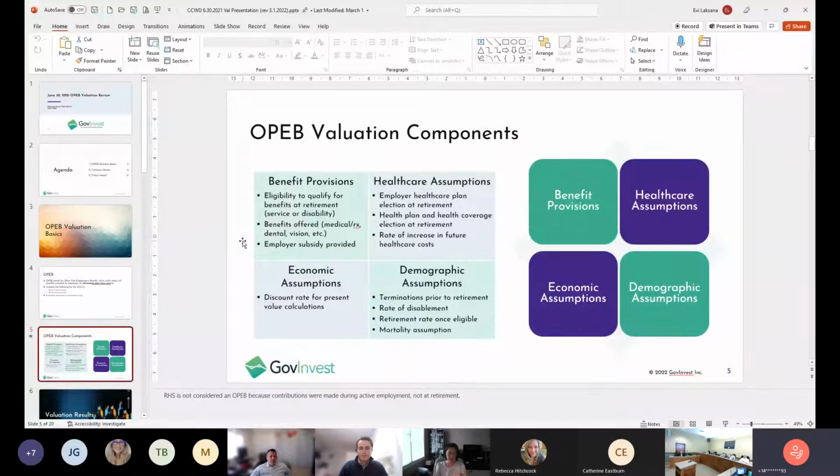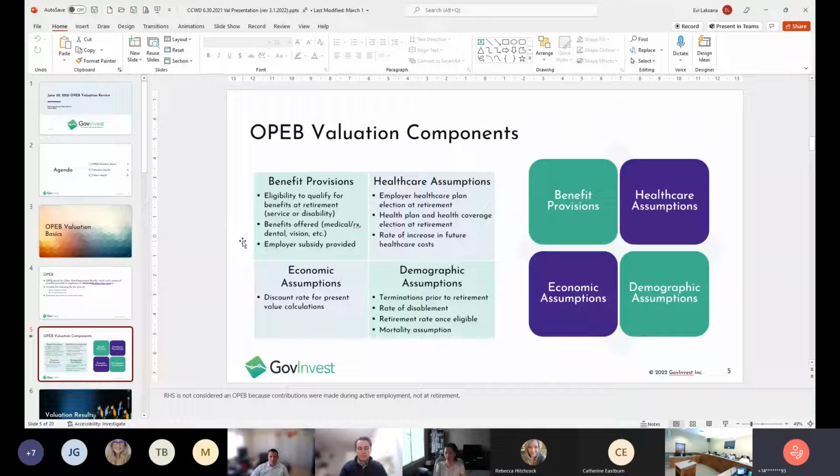For the existing retirees, they have all commenced benefit. Not all of them will live forever, so we have an assumption as to the rate of death during retirement. And for those who are currently active, not all active employees will make it to retirement. So we have an assumption built into the valuation as to those who terminate along the way.